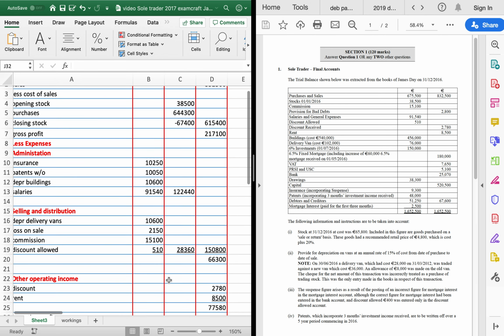So just give me one minute, I'll just pause this. I'll try and work out where I've gone wrong. Okay, so it's right as far as there. 122,440 is correct. This is wrong.